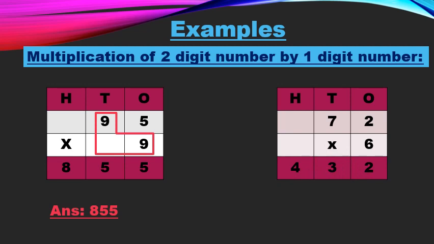72 into 6. So here also we are going to follow the same rule. So first we are going to arrange the number properly and then we are going to start the calculation from right.